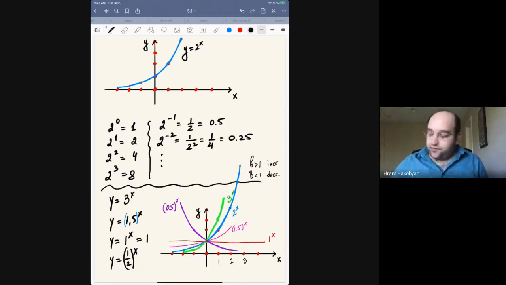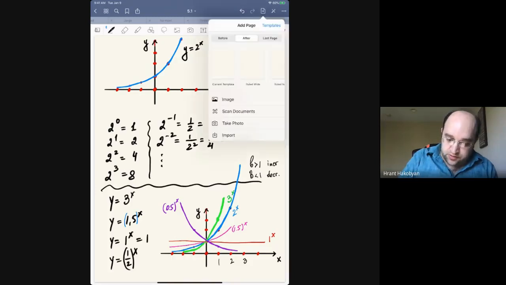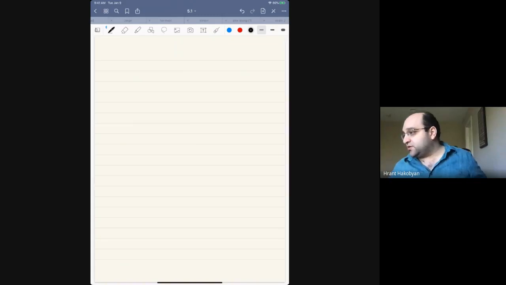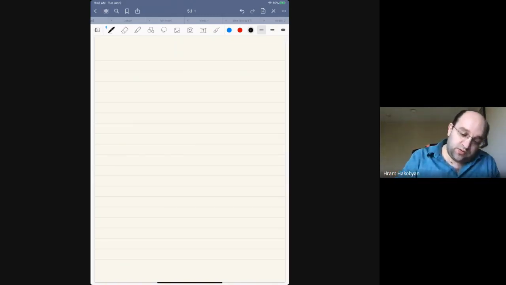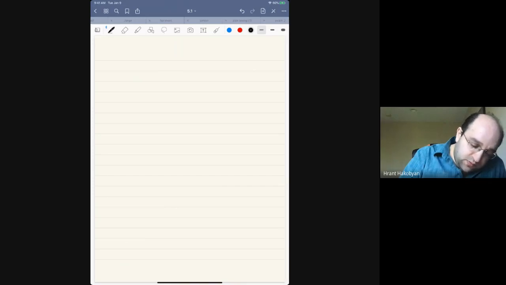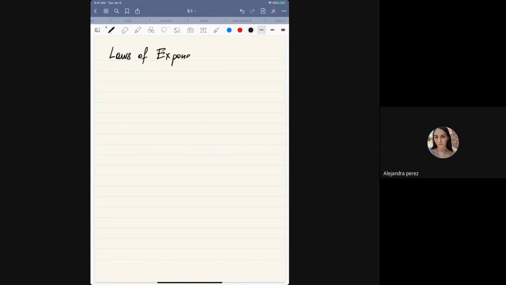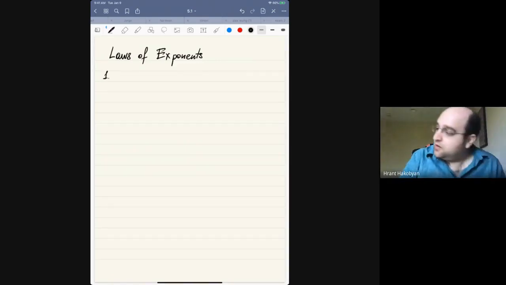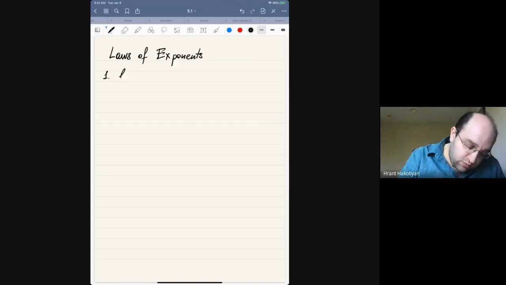Before we go on, I want to remind you of some algebraic laws which we will use all the time when dealing with exponentials: the laws of exponents. Number one, b to the x times b to the y.